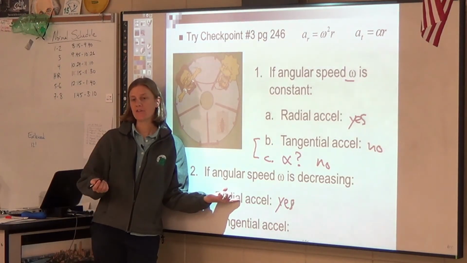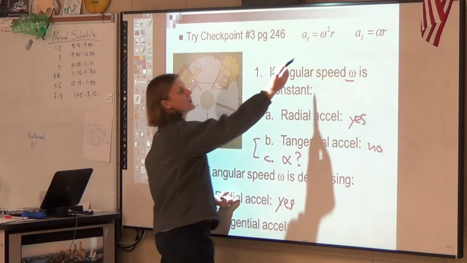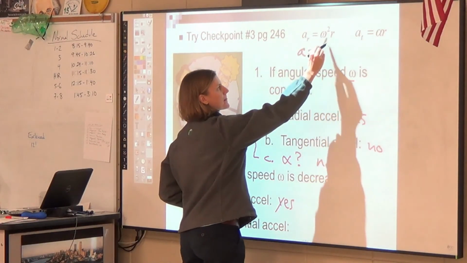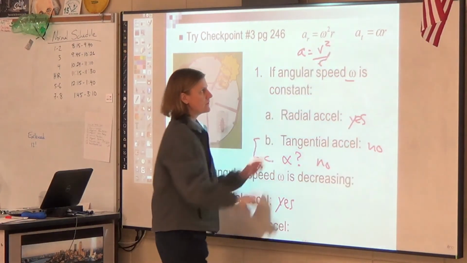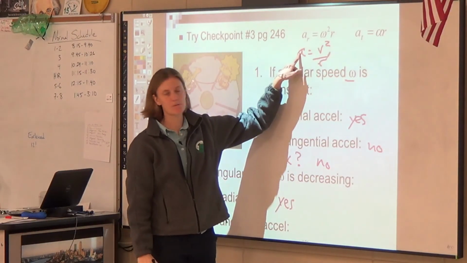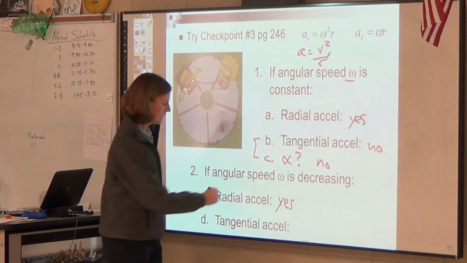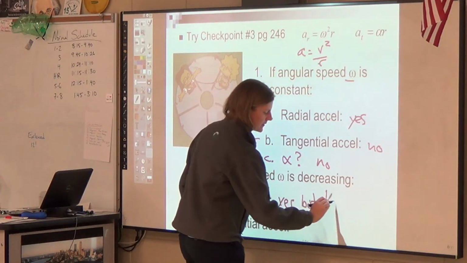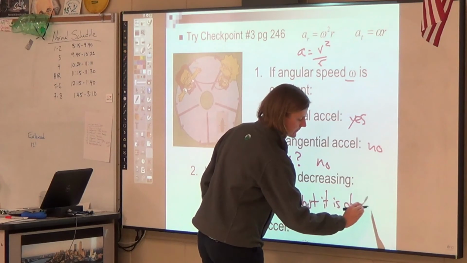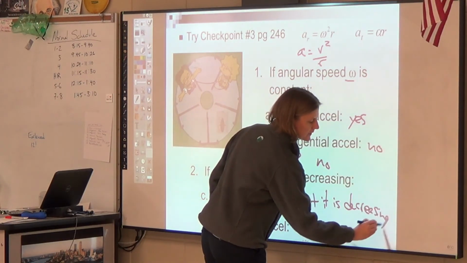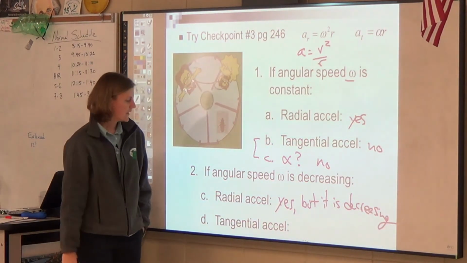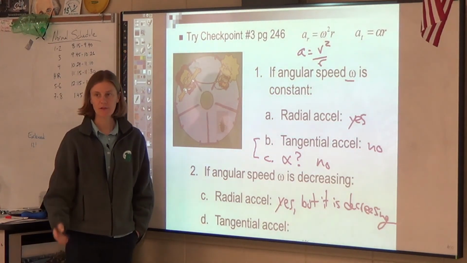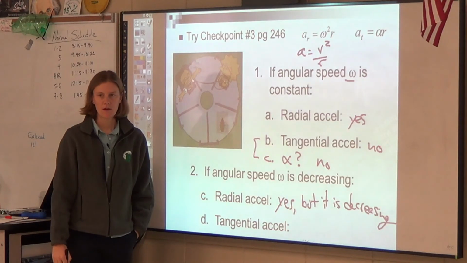It is getting less, because we know where that originally came from. The smaller the speed, the smaller the centripetal acceleration. So yes, there is some, but it is decreasing. And what about tangential acceleration? Would there be any? Yes. And it would specifically be negative. Very good.